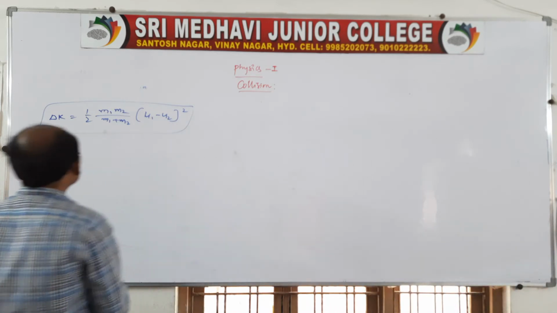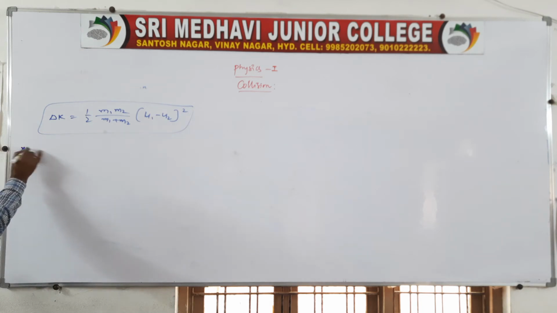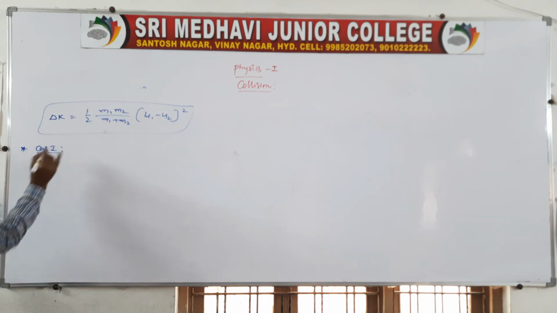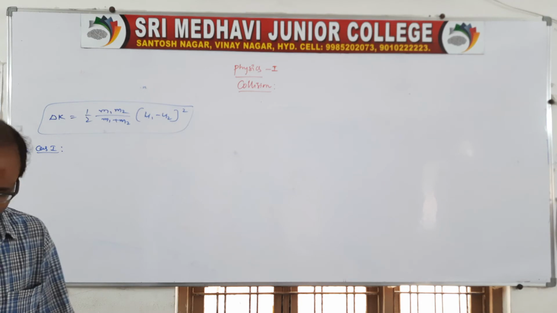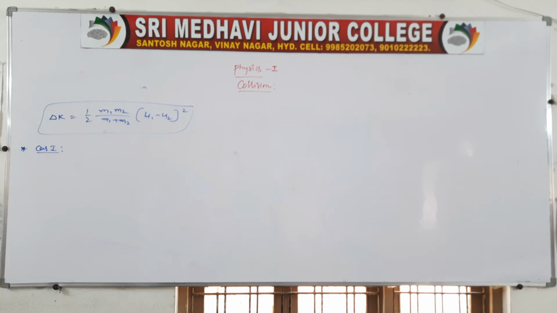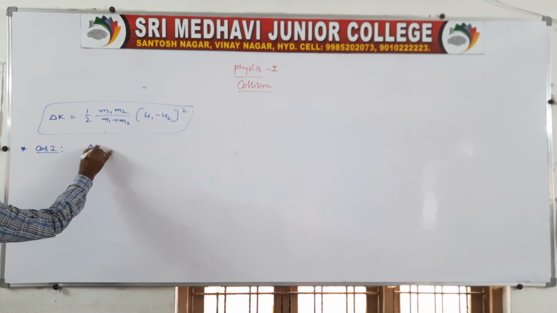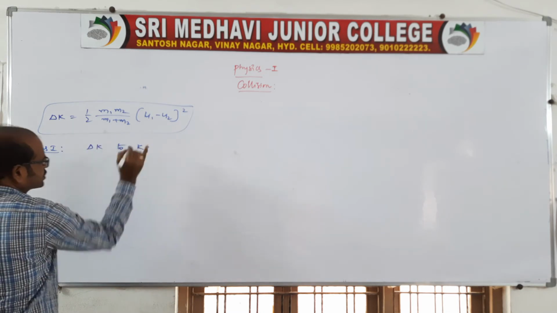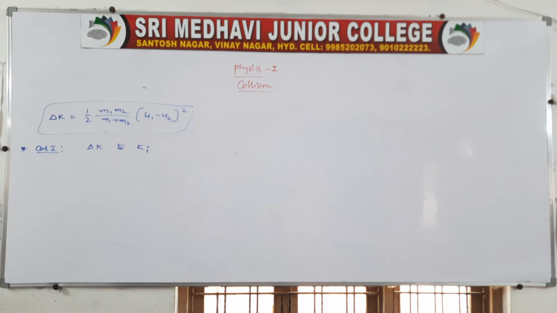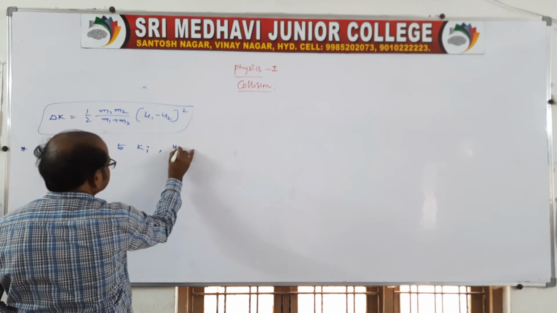So there are cases, and the first case is this. Suppose it asks for the ratio of loss of energy to its initial kinetic energy, the ratio of delta K to initial kinetic energy, with the second body at rest.